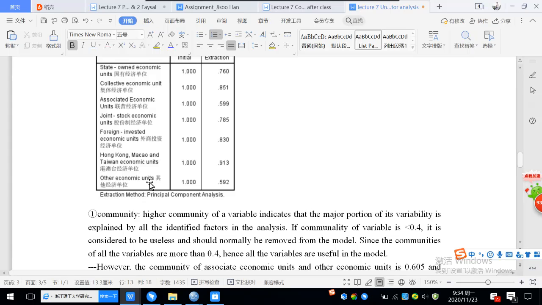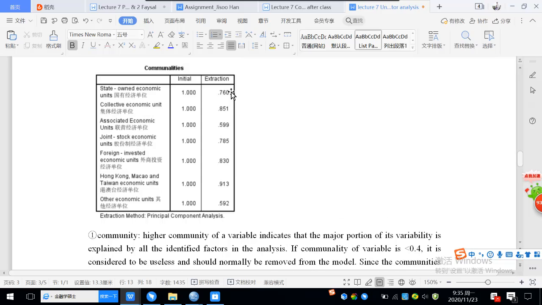Other economic units, the extraction is 0.592, and the associated economic units 0.599. So that means more than 40% of the information of these two variables is lost. So it means the factor extracted is not ideal.